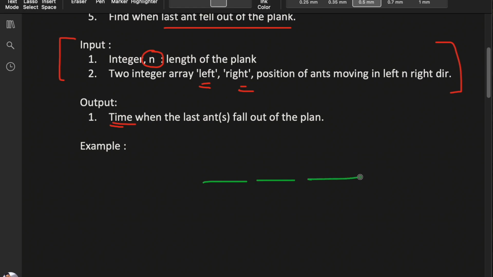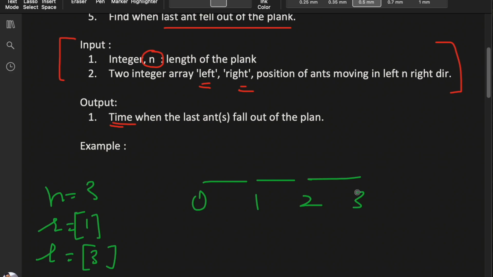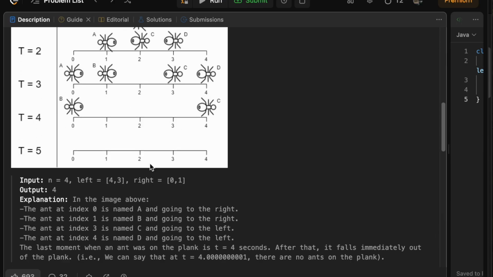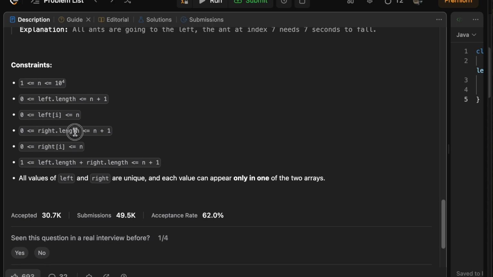Let's say our board size is 3, n equal to 3, and our right array is storing 1 and the left array is storing 3. So we can also mark the indexes 0, 1, 2, 3. We can also check the constraints for that. The right array length can be from 0 to n, and their value would be from 0 to n.